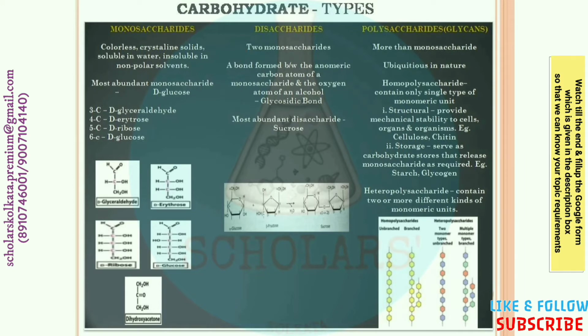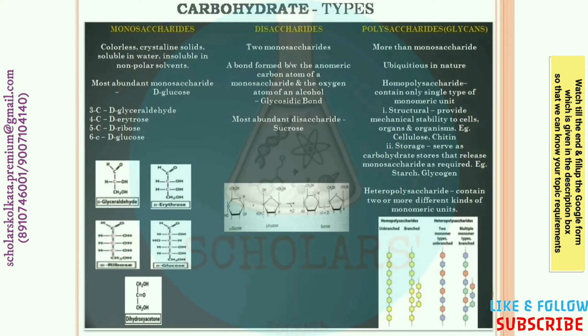In this example, glucose plus fructose equals sucrose. Glucose and fructose are two monosaccharides and they bind with each other by the glycosidic bond, which we can see in the sucrose structure, the intermediate bond between the glucose and fructose. And the most abundant disaccharide is sucrose.